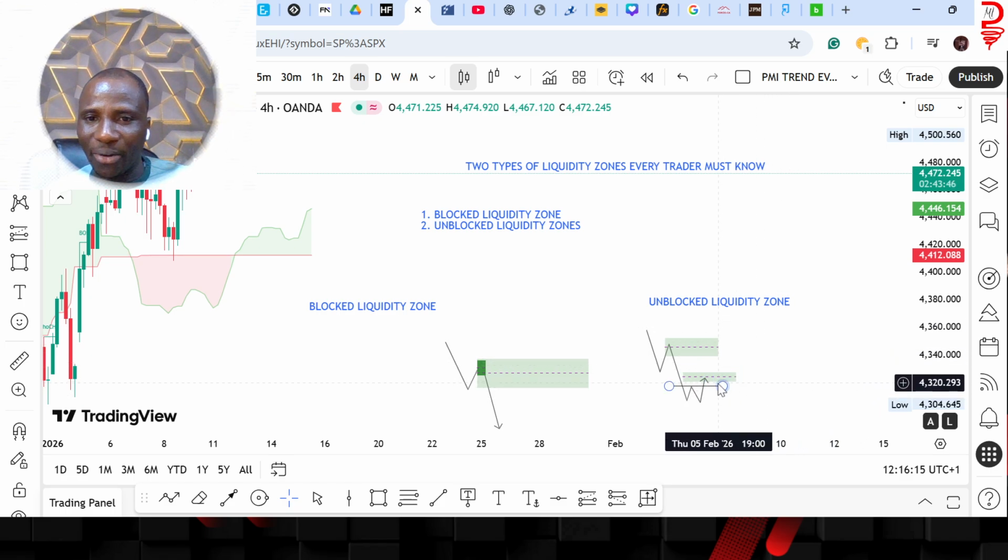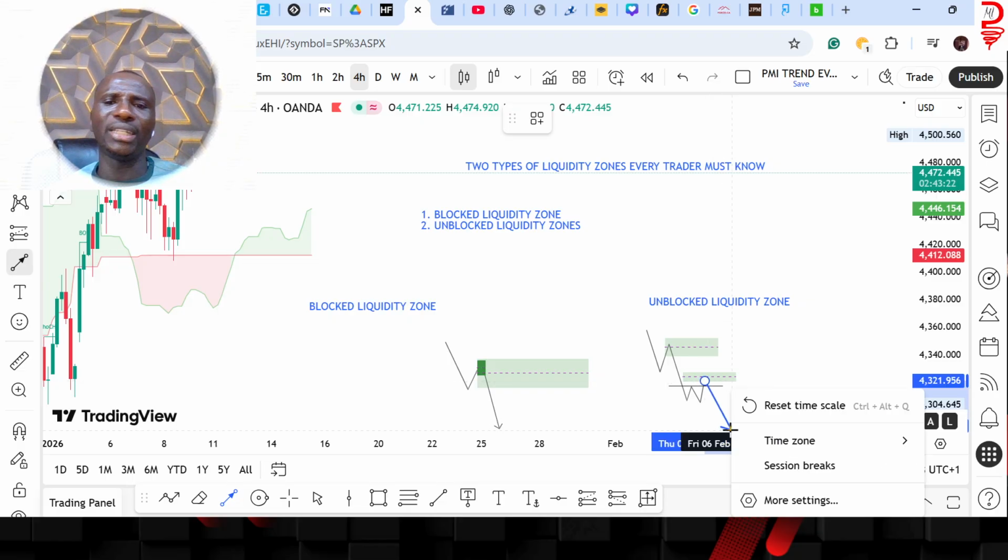Are you getting it now? It will sweep out all the stop losses of those people that took the sell, and that stop loss will now create a move that will give you the massive impulse move that you are looking for. Are you getting it now?